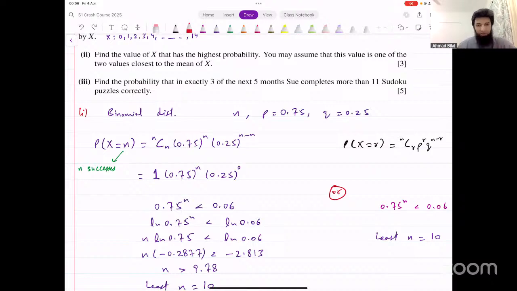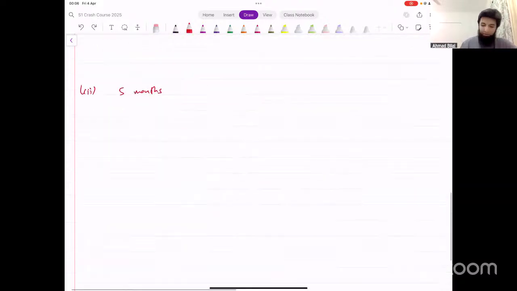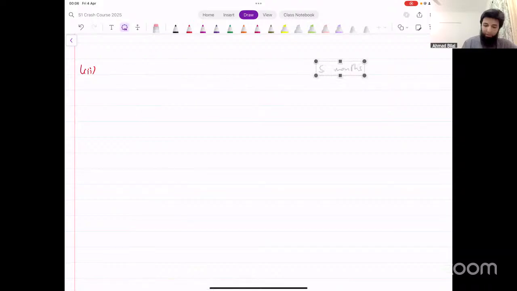Something is repeating, right? It's a binomial distribution with n equal to 5. So it's a binomial distribution with the value of n being equal to 5.